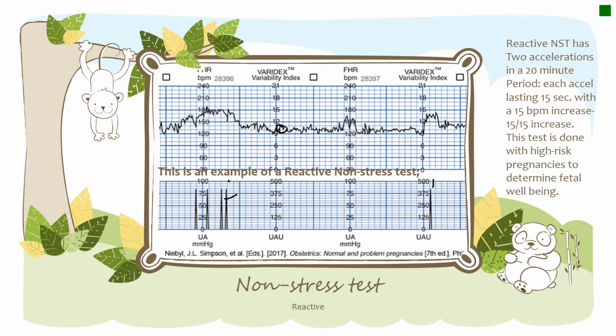It has to be 15 beats up, and it has to last 15 beats over to be considered reactive. So a 15 by 15 acceleration. If they're before 32 weeks, it's a 10 by 10. So this is a reactive non-stress test, and that is what we want. This test is done with high-risk pregnancies to determine fetal well-being, and this tells us that this baby is good right now.